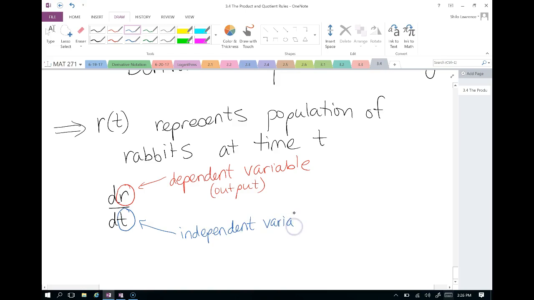That is our input variable. So what this derivative notation means is a rate of change. It's how the number of rabbits is changing over time. So dR means the change in rabbits, and then over the change in time.